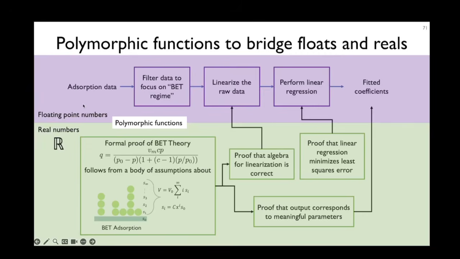If A and B are floating points, I cannot say A plus B minus B is equal to A. A plus B minus B is equal to A is not true for floating point numbers because we could get round off error if A and B are big numbers, are very different sizes. And that means we basically can't prove a lot of stuff with floating point numbers, but we can prove a lot of stuff for real numbers. And all of this stuff would be proofs about real numbers.